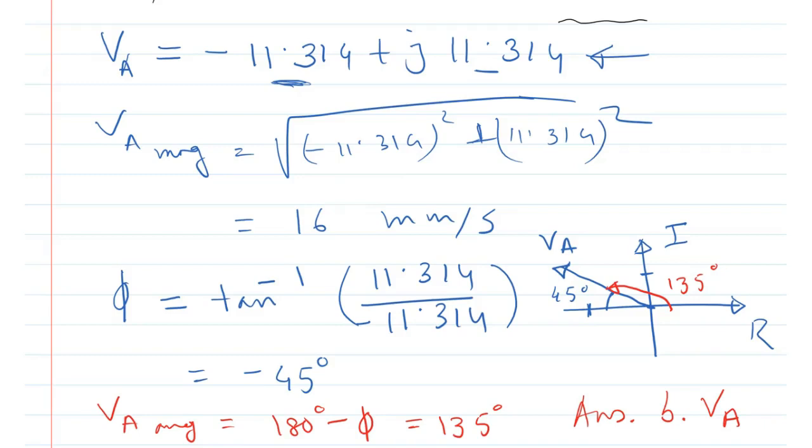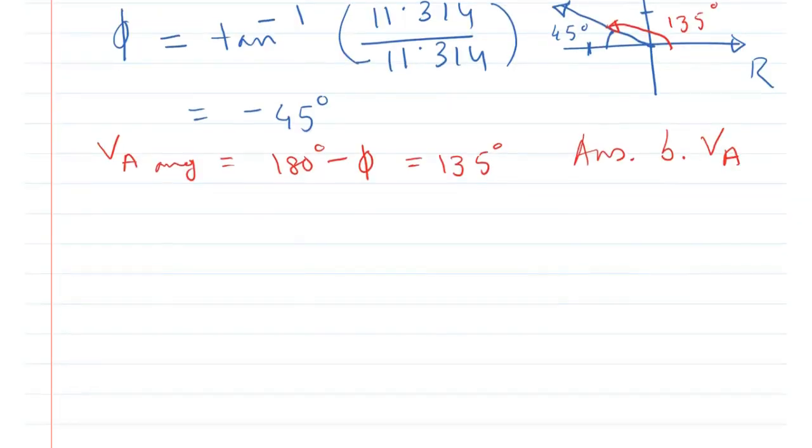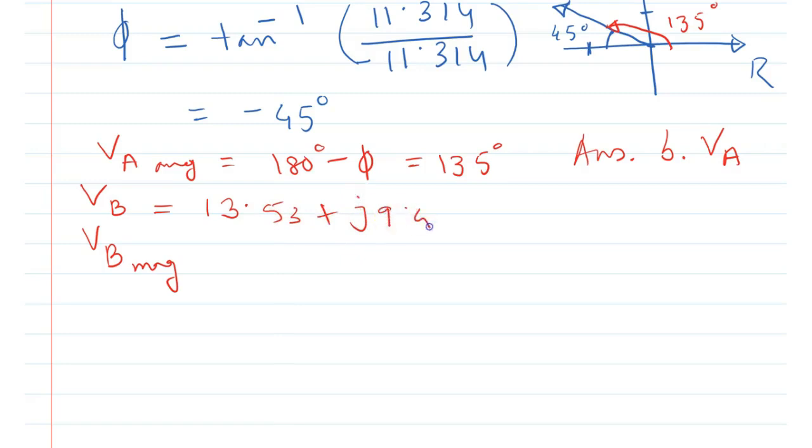Exactly the same way we can find VB. First of all, let's write down VB as a complex number, where we found 13.53 plus j 9.43.